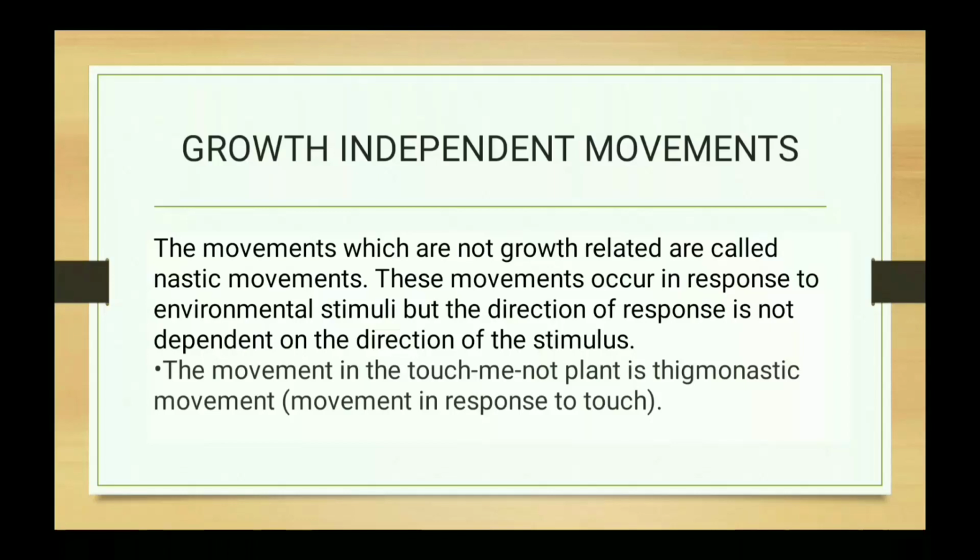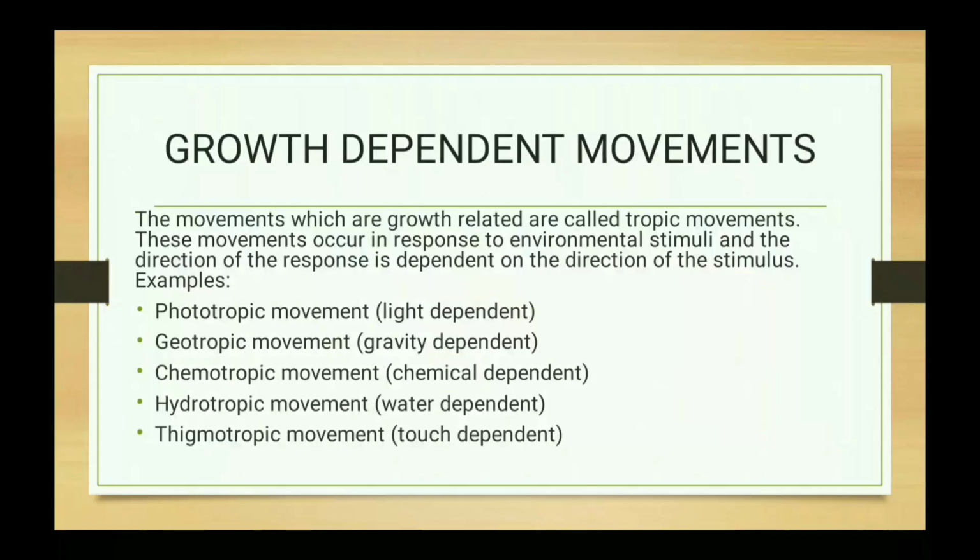Then moving on to growth dependent movements. The movements which are growth related are called tropic movements. Movements which were growth independent were known as nastic, and growth related are known as tropic. These movements occur as a response to environmental stimuli and the direction of response is dependent on the direction of stimulus.